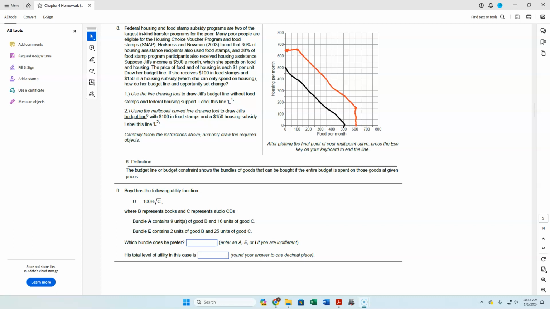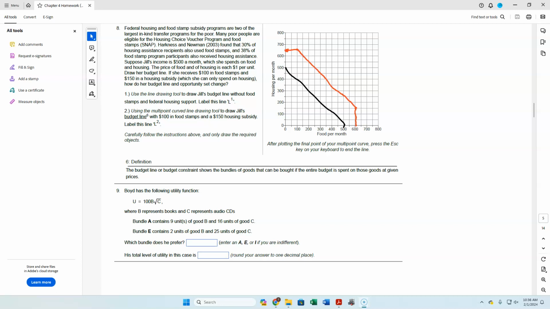So I'll repeat that again because that was a little confusing there. So she has $500 in income, right, that she just gets from working a presumably incredibly poor job. So she has $500 a month in income, and she gets $100 in food stamps. So now the budget constraint starts at the $600 point on the x-axis where food is. Now, at that point, if she spends for housing, she gets a $150 voucher.